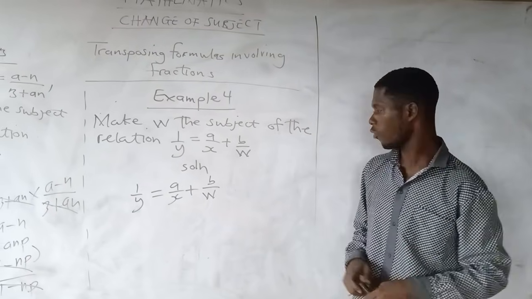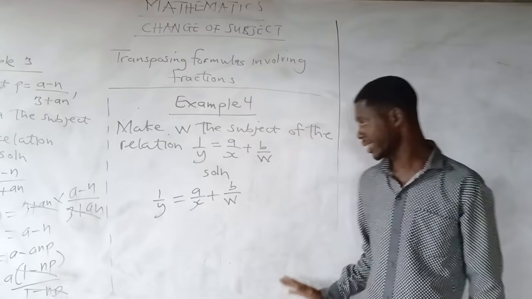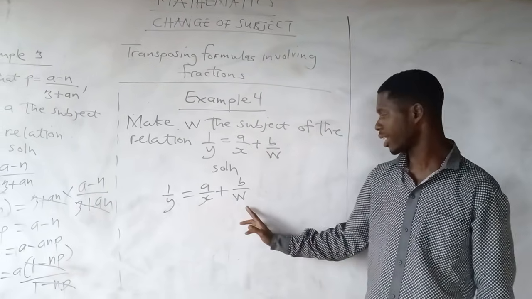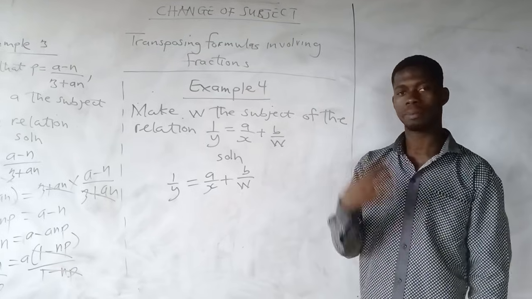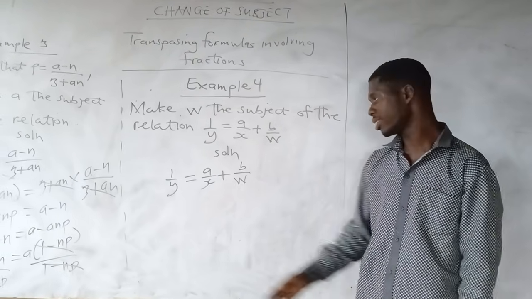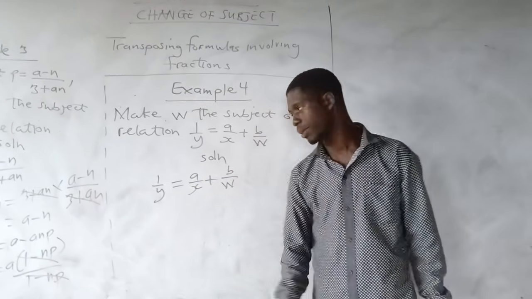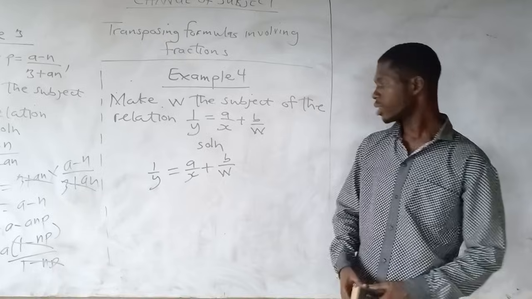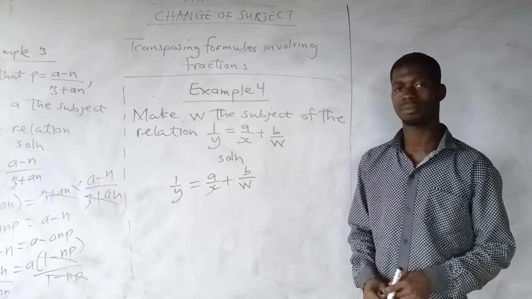You're supposed to multiply each term. We have 3 terms. As I explained to you, the terms are separated by either an equal sign, plus or minus. So we have an equal sign, and we have a plus here. So we have 3 terms: 1, 2, 3. You're supposed to multiply each term by the LCM.